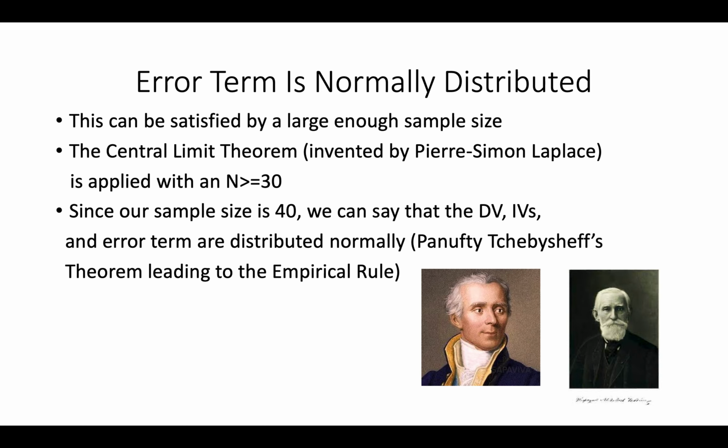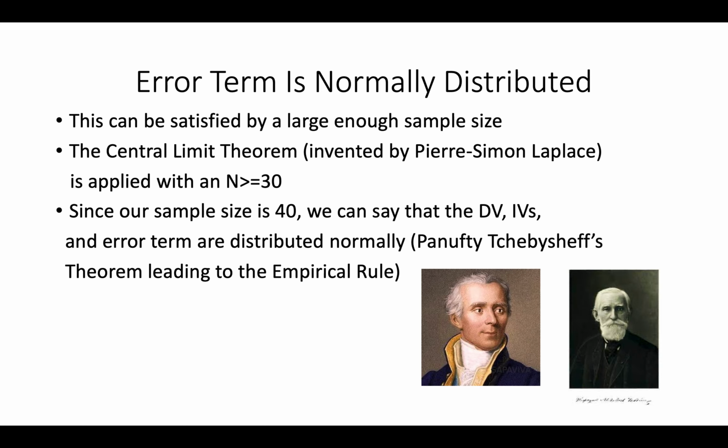Our final assumption is that the error term is normally distributed. This assumption is also a bit downgraded for us because we can assume a normal distribution given a large enough sample size. This is called the central limit theorem, and states that if the sample size is at least 30, then we can assume that the sample is distributed normally. Thus, all we have to ask is whether or not our sample size is large enough.